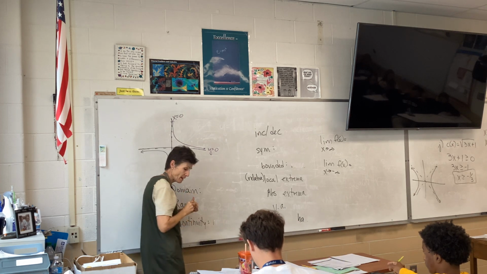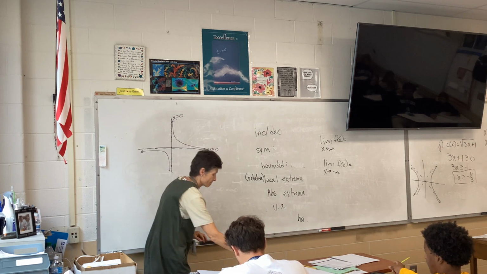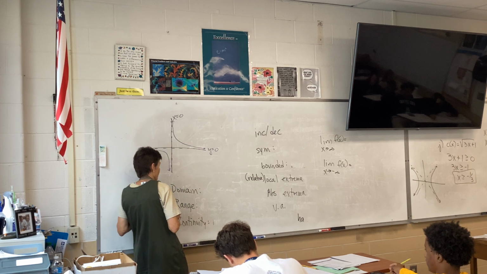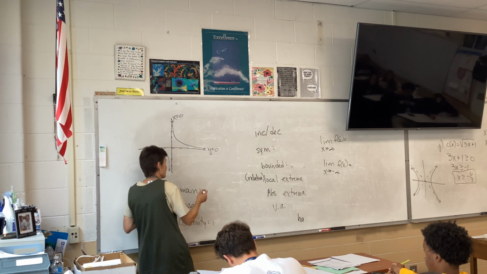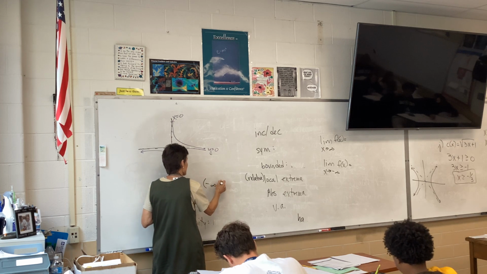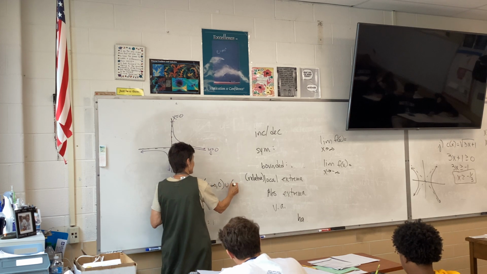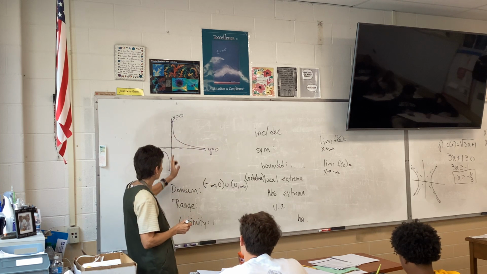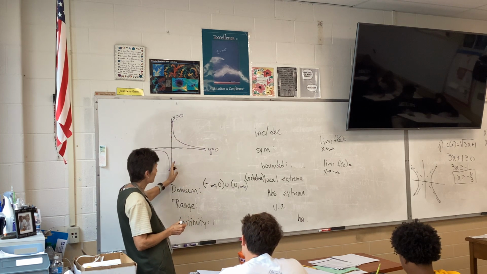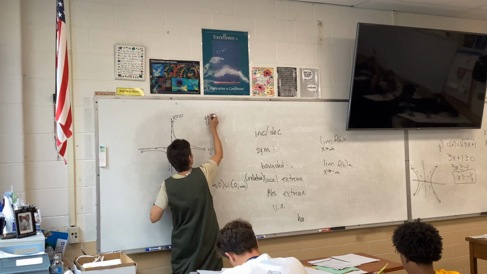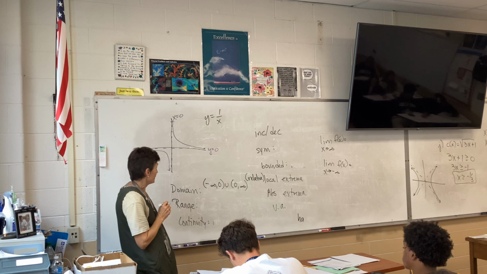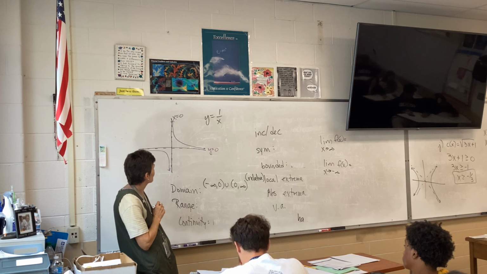All right, what's our domain? Negative infinity to 0, and then 0 to infinity. Everything except 0, right? Your domain is everything except 0. X cannot be 0. Remember, the equation is this, so it makes sense. X can't be 0.